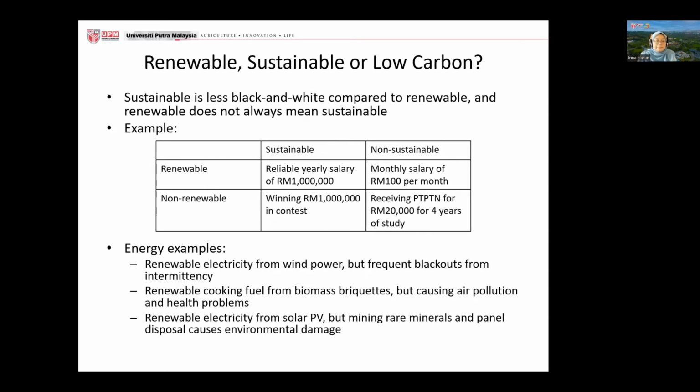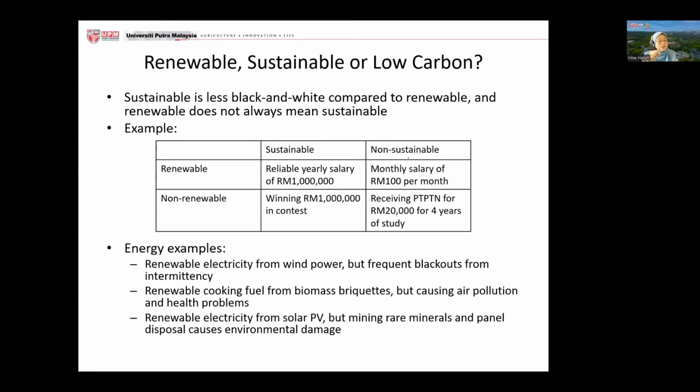Okay, and then the final example would be you receive PTPTN, for 20,000 for 4 years of study. So let's say that is the amount. It's non-renewable because you receive it as one lump sum like that.